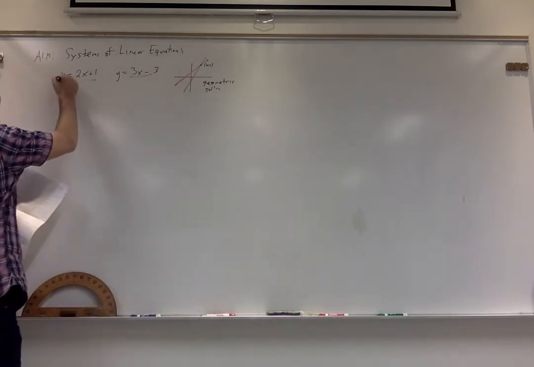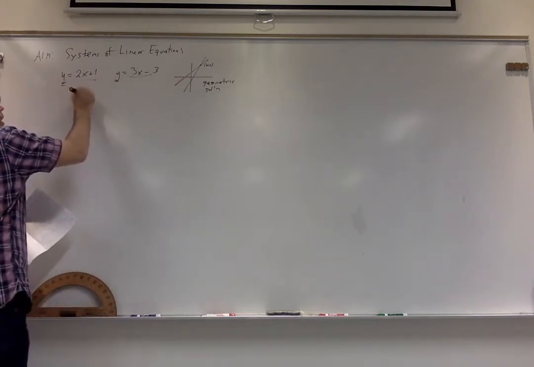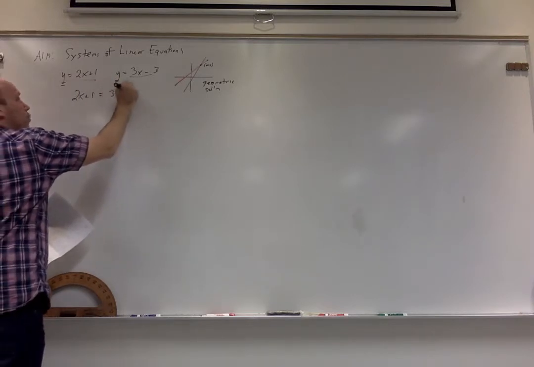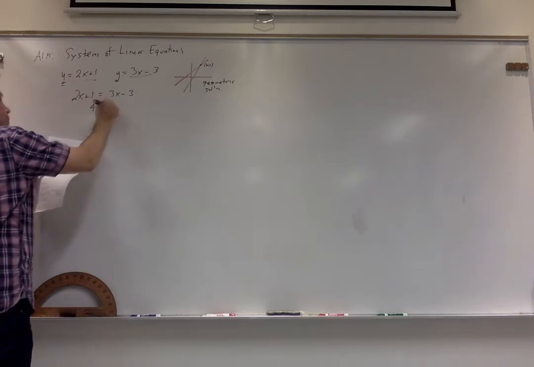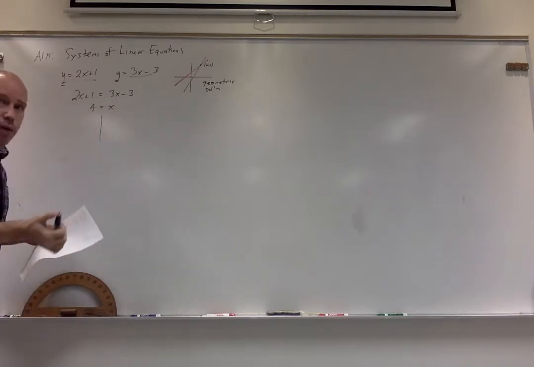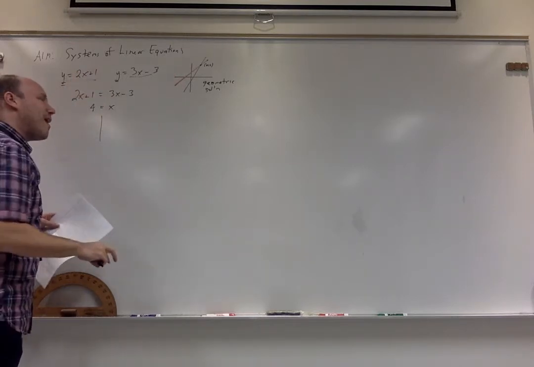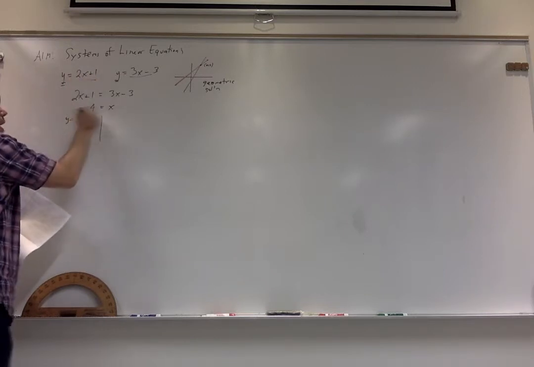We said, you know what, they're both equal to y, so we set them equal: 2x plus 1 equals 3x minus 3. We have x equals 4, and then we substituted back into both equations. So y equals 2 times 4 plus 1 equals 9.